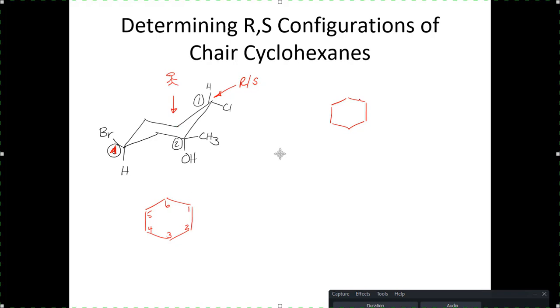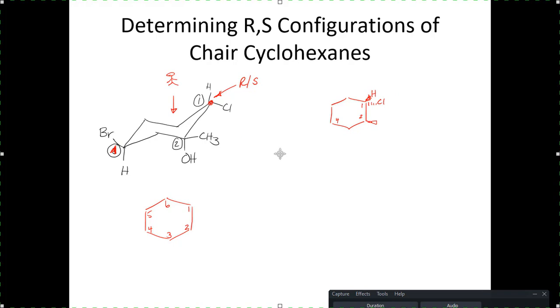So then if this is carbon 1, this is carbon 2, and this is carbon 4, now looking at carbon 1, where is the hydrogen and where is the chlorine? So in other words, I need to put bold and dashed wedges to the chlorine and the hydrogen. So in this case, if I'm above the ring, the hydrogen is pointing towards me, so it gets a bold wedge. The chlorine gets a dashed wedge. How about for carbon 2?